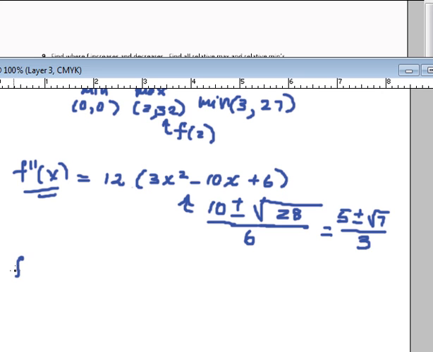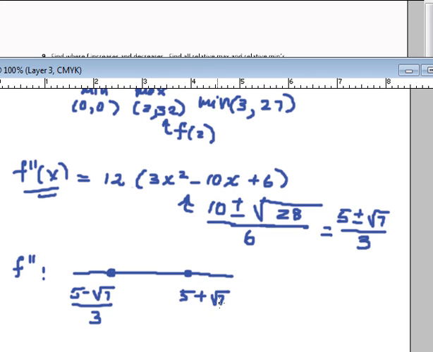If we do a plus minus analysis of f double prime, over here we have 5 minus root 7 over 3 and 5 plus root 7 over 3. We'll see that we have a positive interval on the left, negative in the middle, and positive on the right. So the graph is concave up, down, and up, and these are two inflection points.